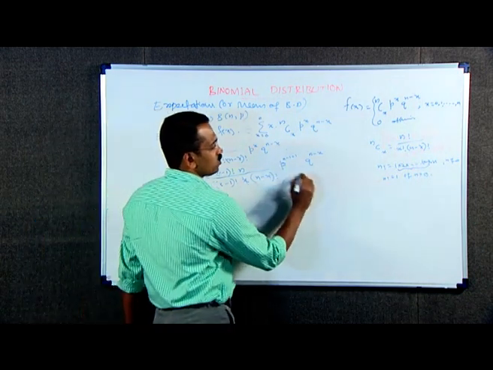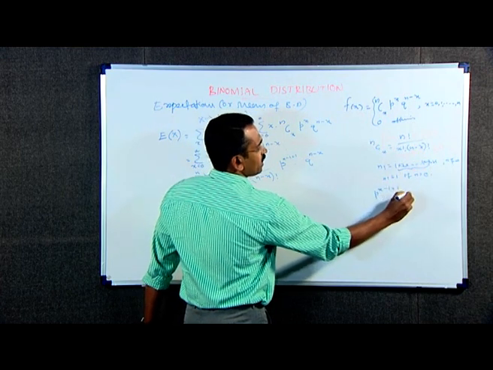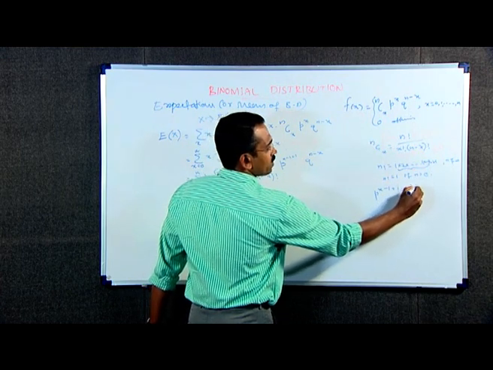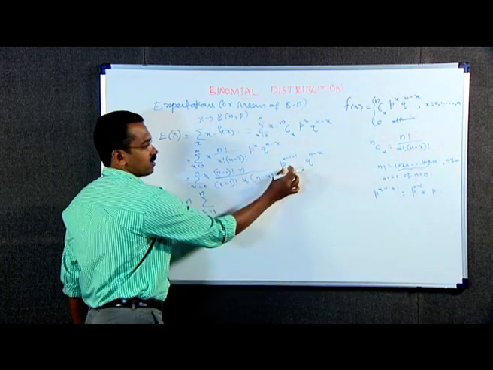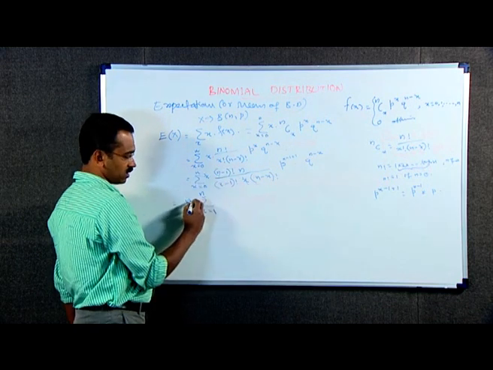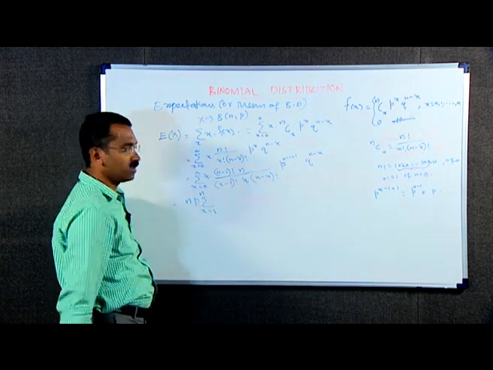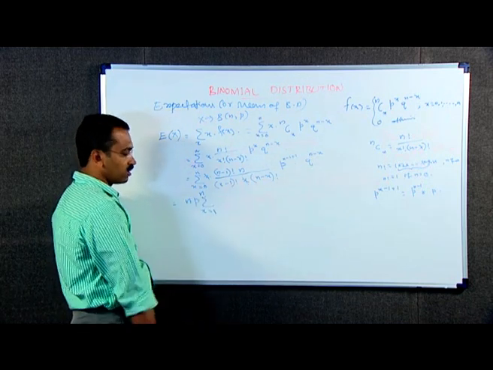Similarly, p raised to x minus 1 plus 1 can be taken as p raised to x minus 1 into p, that p can be taken outside. Therefore, n into p can be taken outside of the summation.